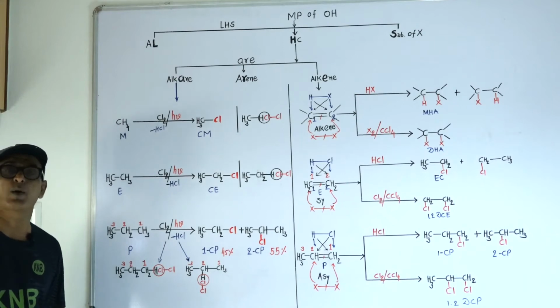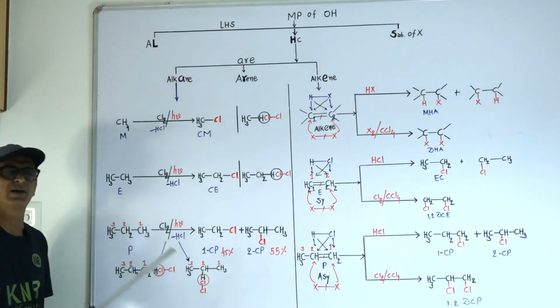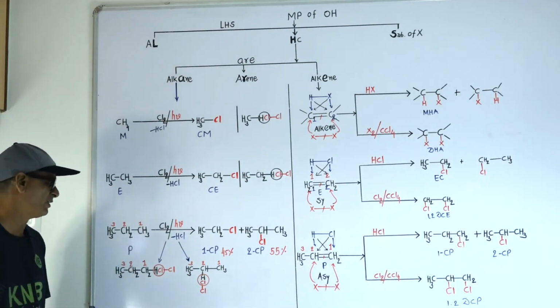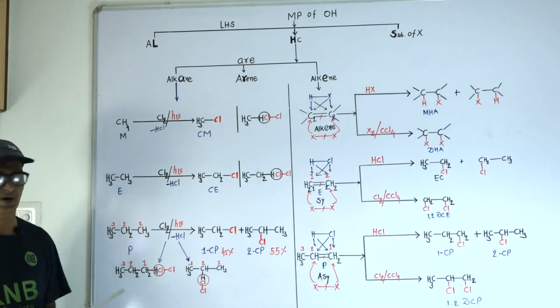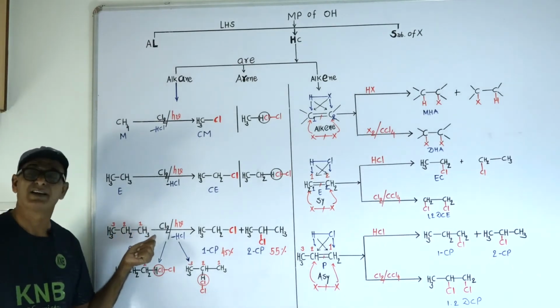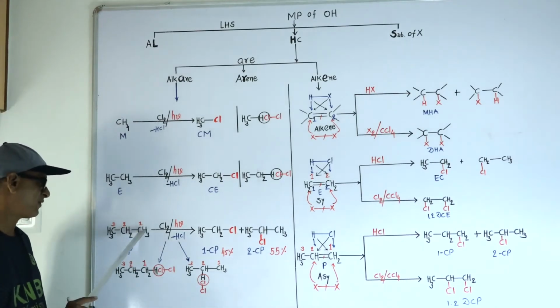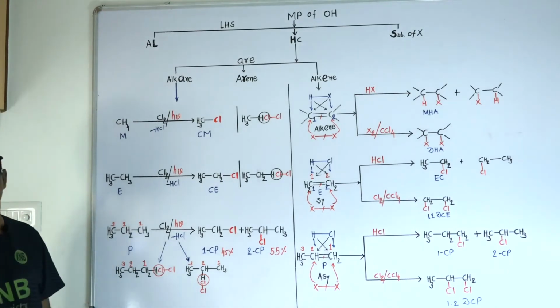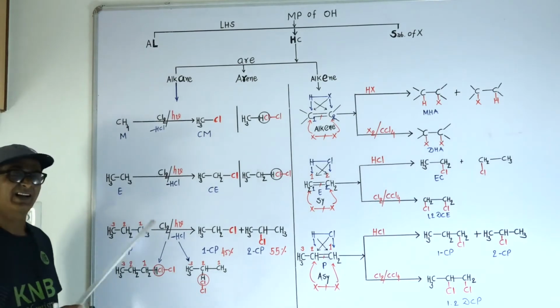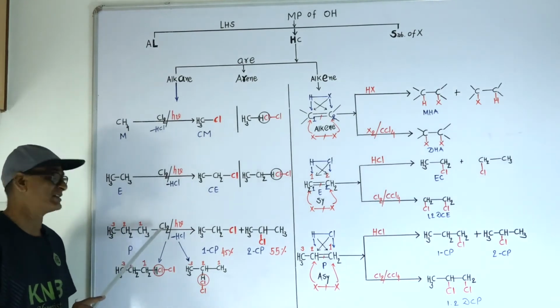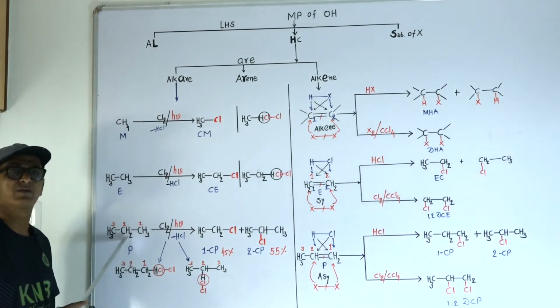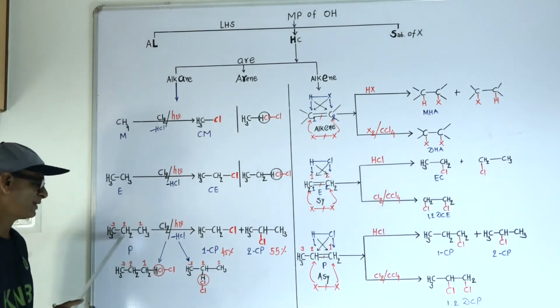Next one, CH3-CH2-CH3, this is propane. Chlorination of propane in presence of UV light will give two types of product. Reagent will attack on the terminal carbon, first carbon, otherwise third carbon. The second possibility is that Cl2 will attach on the second carbon, the middle carbon.